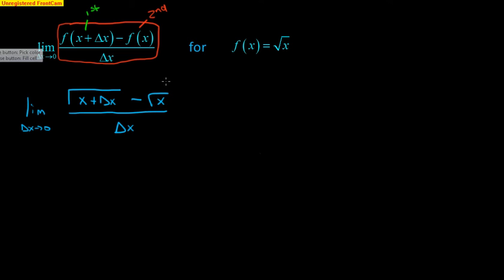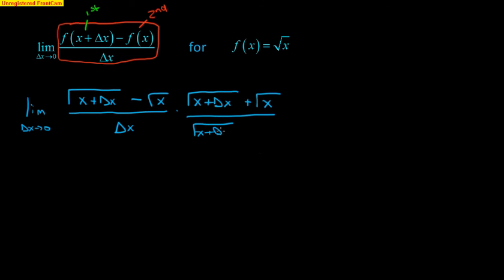So this is another case, just like the first example, where I have to multiply by the conjugate. So the conjugate is going to be radical x plus delta x plus radical x. And then again, radical x plus delta x plus radical x. So just like we did in the first example, I'm going to treat this like a FOIL. And I know because they're conjugates, all I got to do is multiply the first term and the last term.